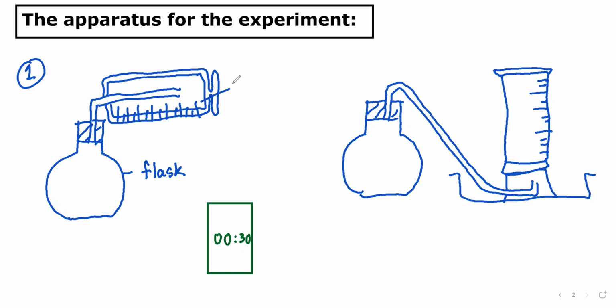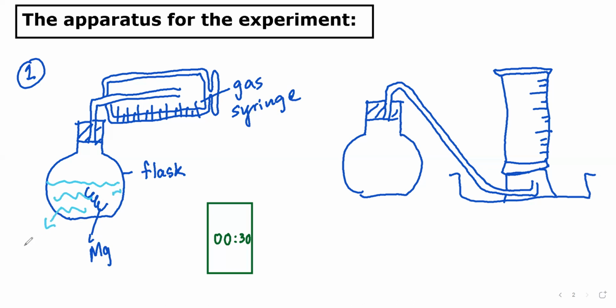This is the gas syringe, which is used to measure the volume of gas. Which reaction are we talking about? We are talking about magnesium. This is magnesium ribbon. And here what else do we have? We have hydrochloric acid, right?